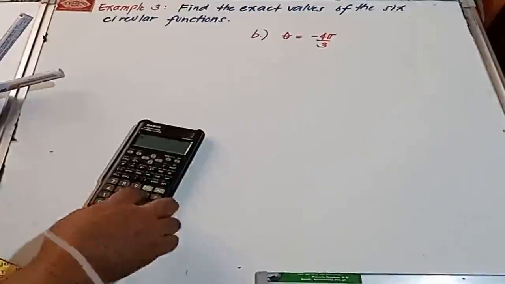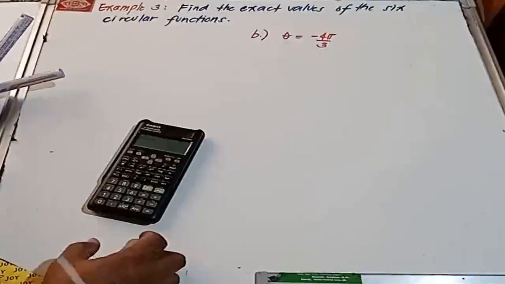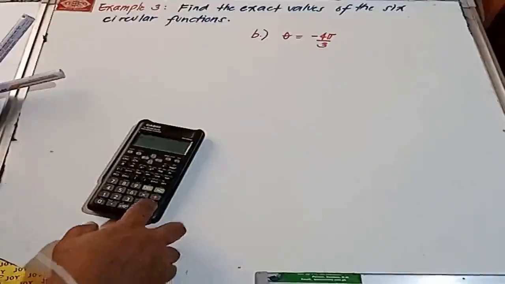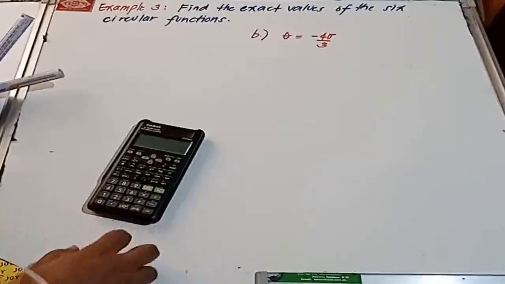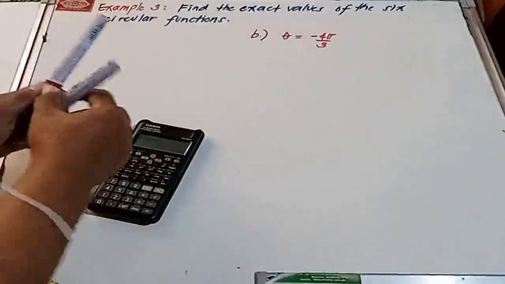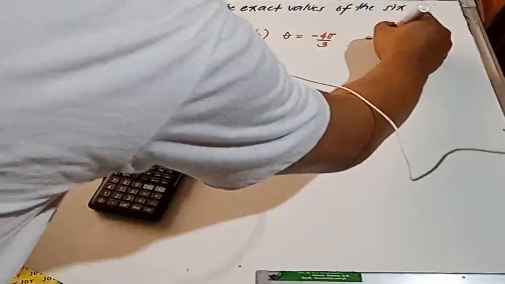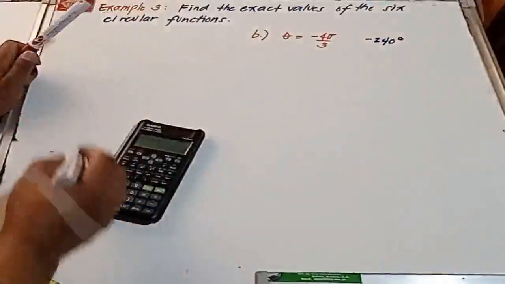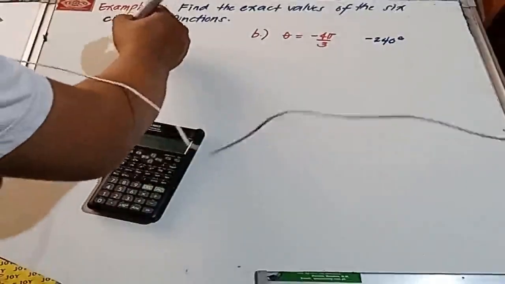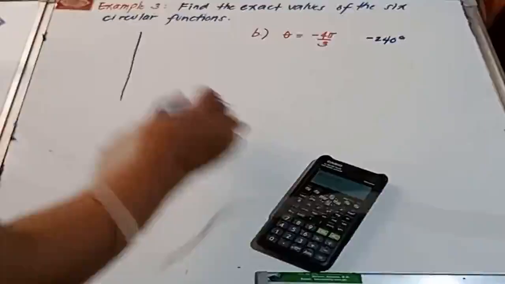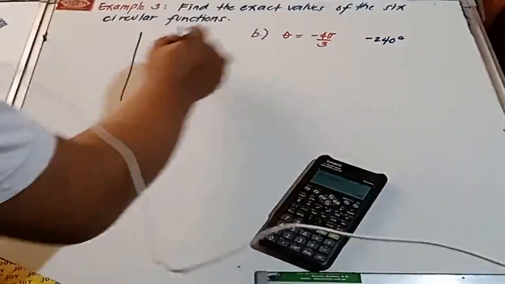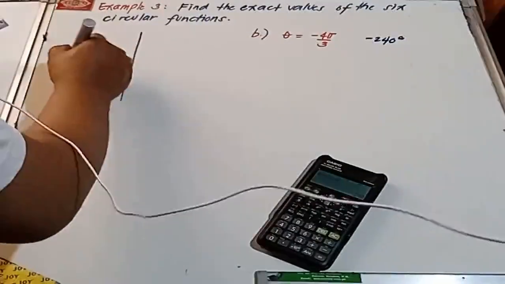So, 4 times 180, okay? To convert, multiply 4 by 180 and the result will be divided by 3. 240 degrees. So, this is equivalent to negative 240 degrees. Okay? So, makatwid, nandito siya sa second quadrant kasi negative yung angle natin.